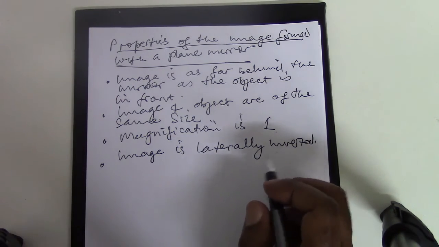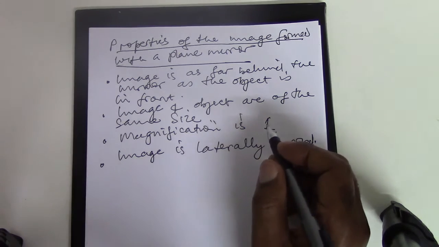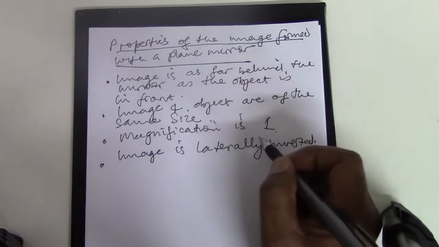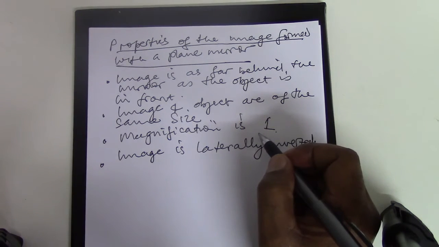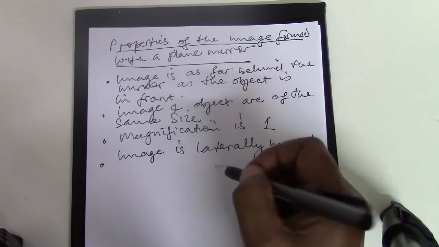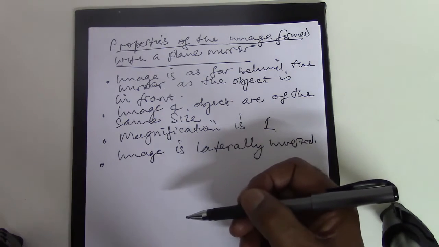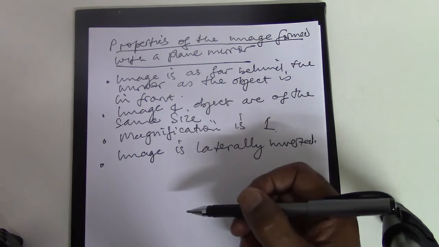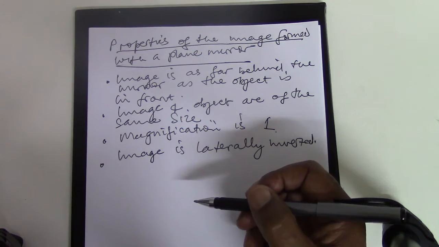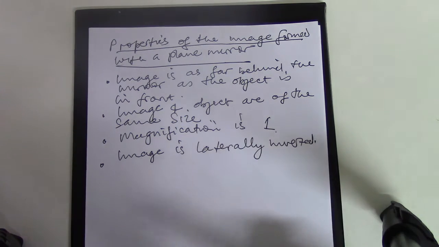Right, so these are the characteristics which are found in the image formed with a plane mirror. Right, when you are doing ray tracing of these diagrams, you will observe it on your own.